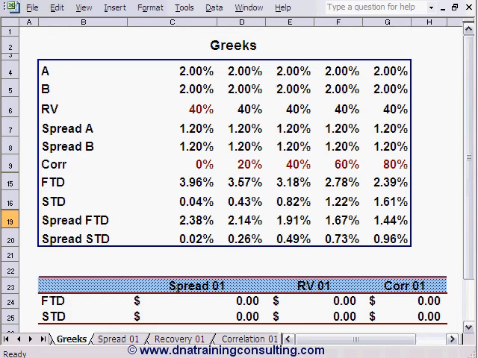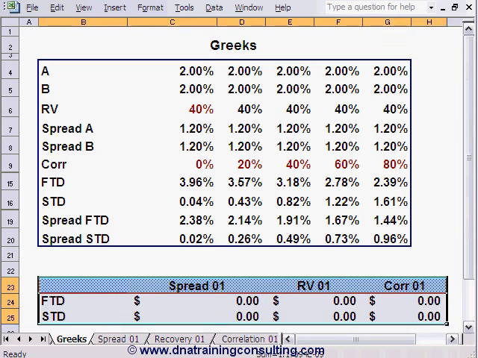We open worksheet Greeks, which is essentially the same as the previous worksheet, except for this table you see at the bottom, in which we will show the results of our next calculations from the perspective of the note holders. We continue to assume that the CLNs have a 1-year maturity.